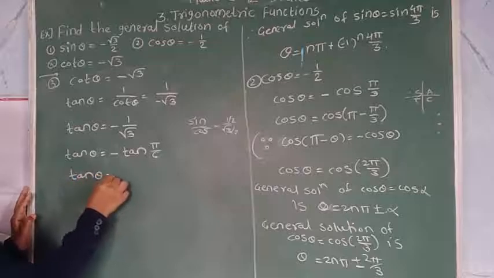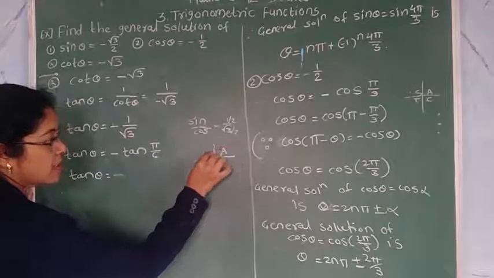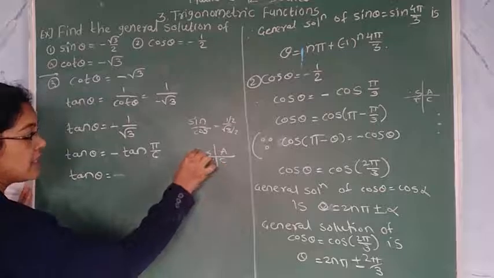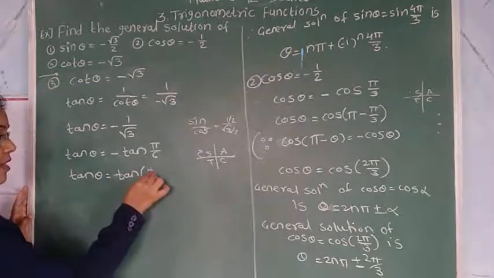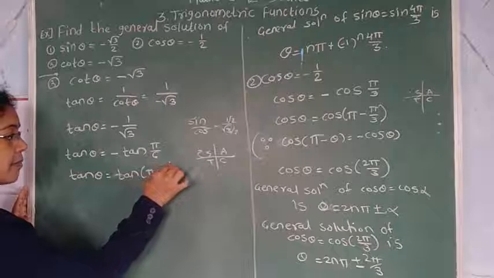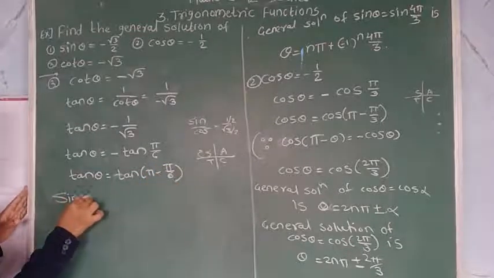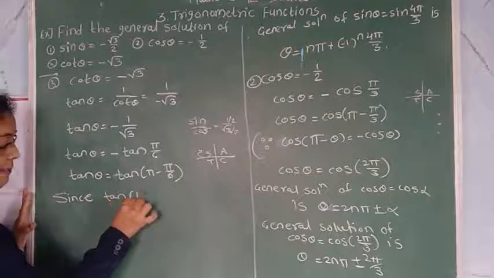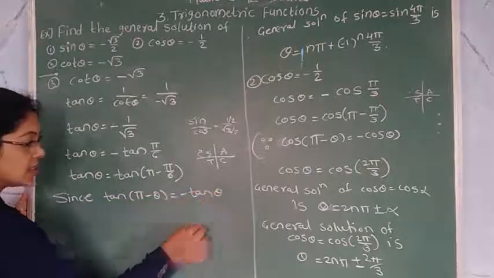So tan theta is equal to, now here look at all sin, tan and cos: in the second quadrant tan is negative. So we can write tan of pi minus pi by 6, since tan of pi minus theta is minus tan theta.